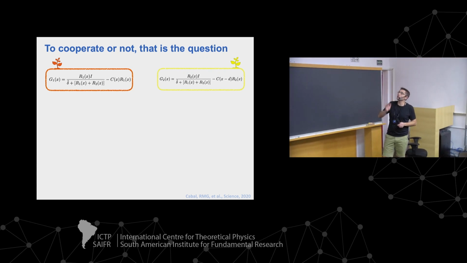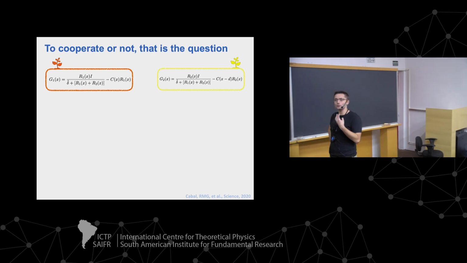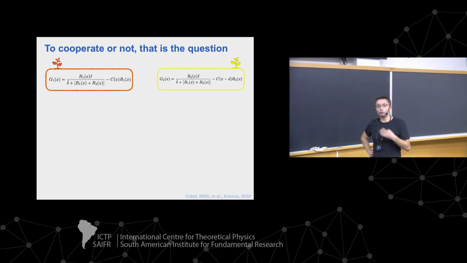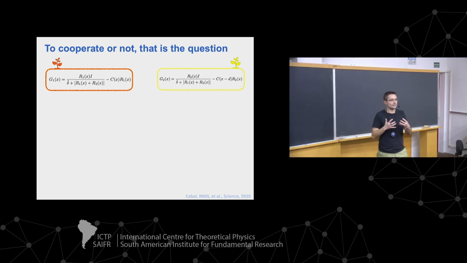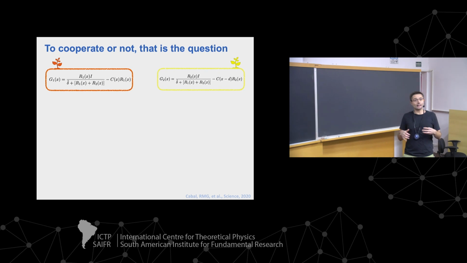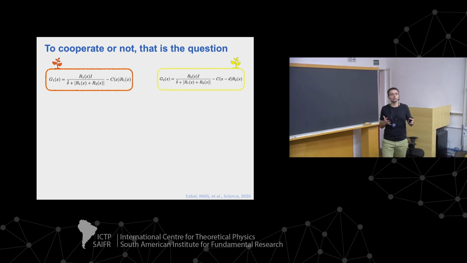But here, once I have the net resource gain function for plant 1 and plant 2, the orange and the yellow, I can also use my model to formulate a hypothesis and to make predictions of what I would expect if one thing or the other were governing these interactions between plants. And then I can go to the lab and check where I am, no? So models in biology are also a very interesting way of proposing new experiments, establishing conversations between experiments and theory, and keeping both sides of looking at complex questions working together.